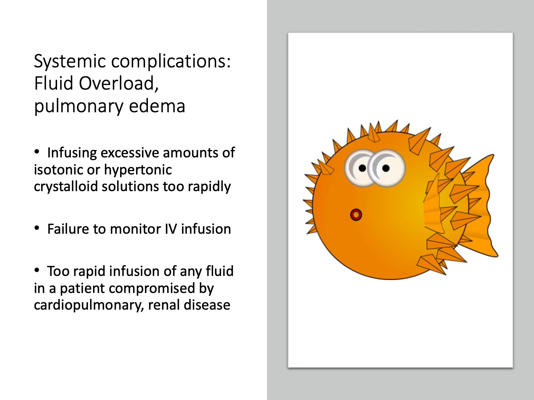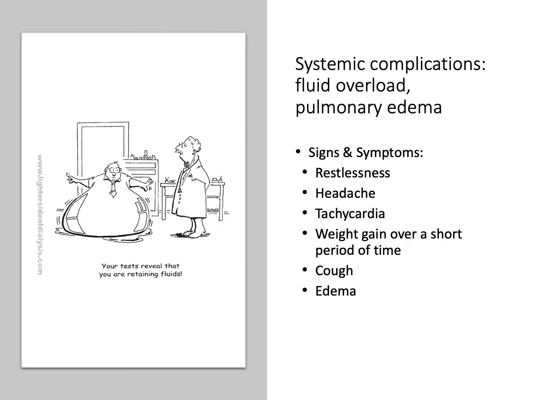So you want to be watching your patient very closely and consulting our other healthcare providers if we're seeing any problems. Also, if we give fluid too fast in someone who's compromised, that can also be a reason why our patient can end up with this complication.